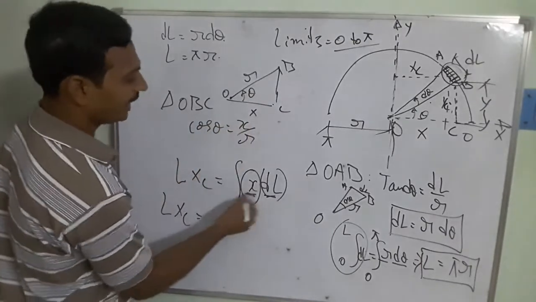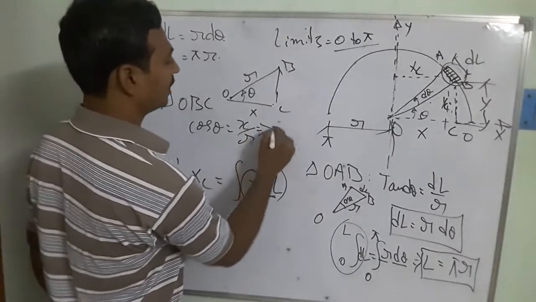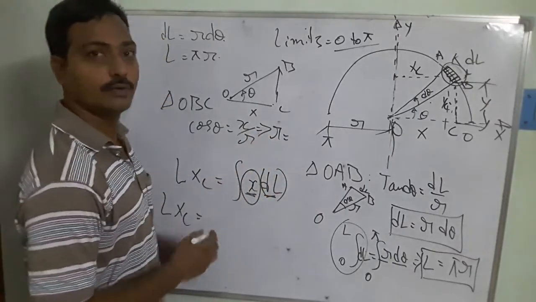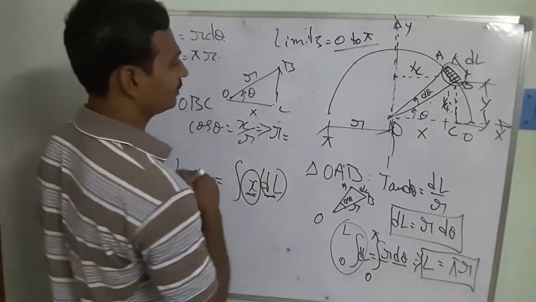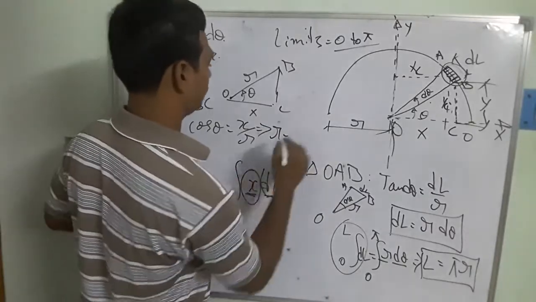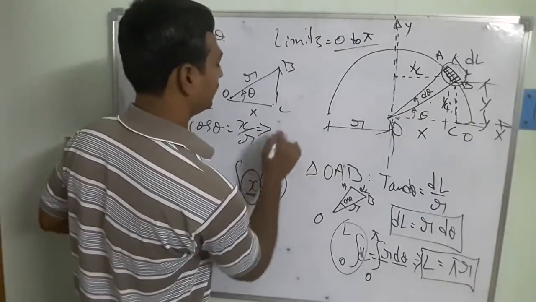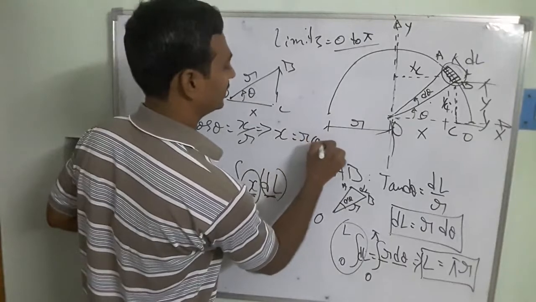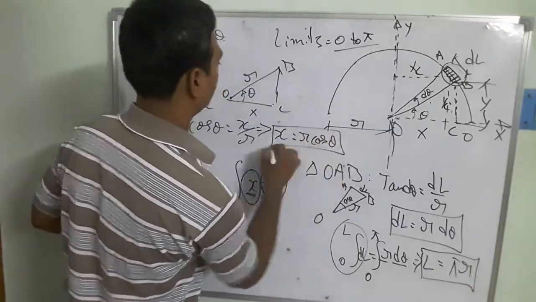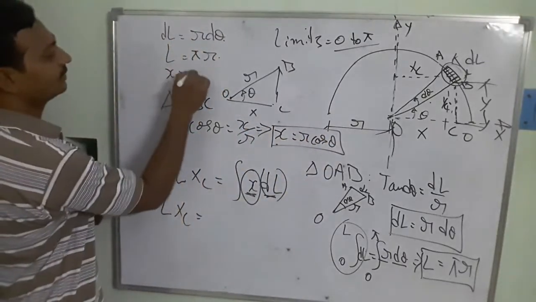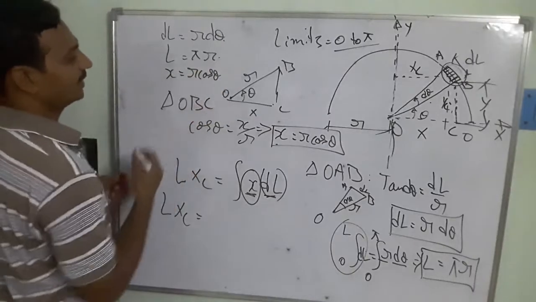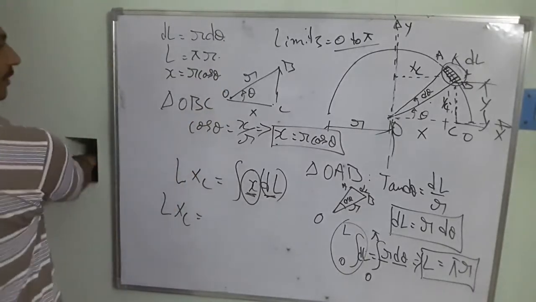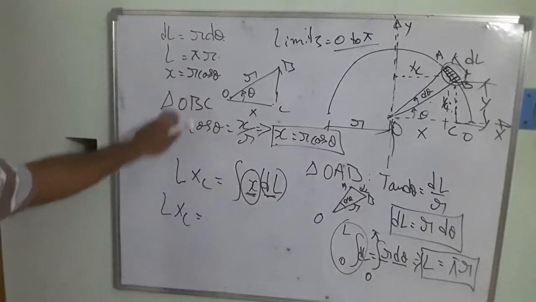We need to find out the x value. So x is equal to r cos theta, that we got it. This way we are going to calculate the x value.